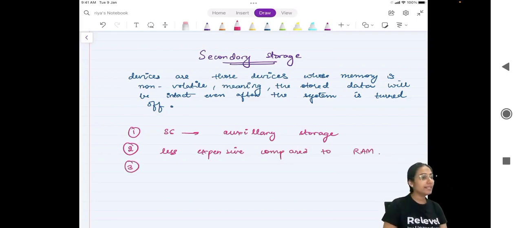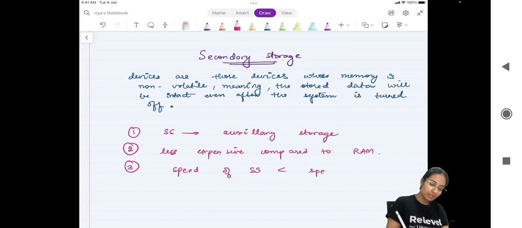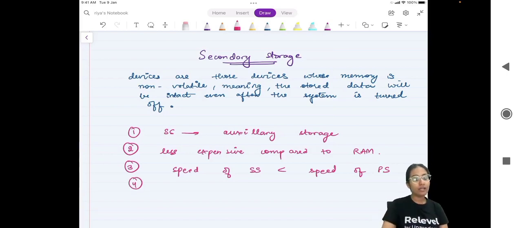Thirdly, the speed of the secondary storage is less than the speed of the primary storage or the main memory. And the data which is less frequently accessed is kept in the secondary storage.